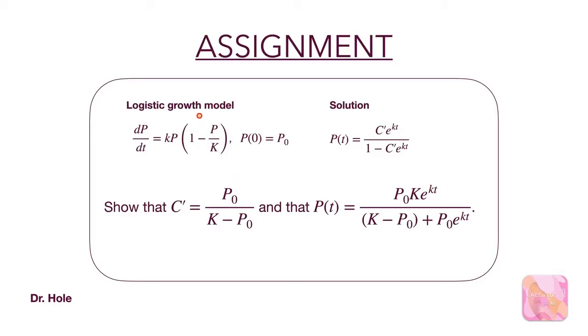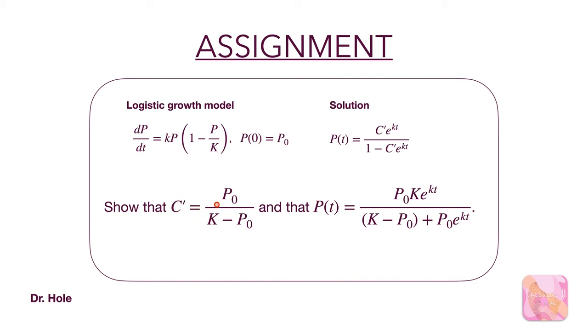If we set up an initial value problem, here's what the solution will look like. It's what we just established. In this assignment, you want to verify that the C prime is given by this quotient. You want to verify this.